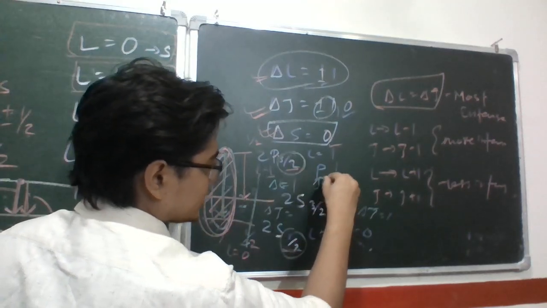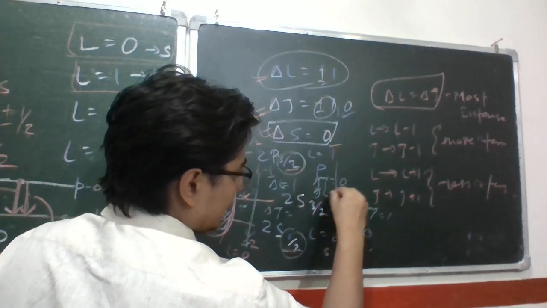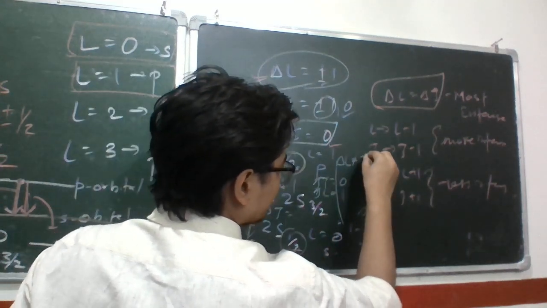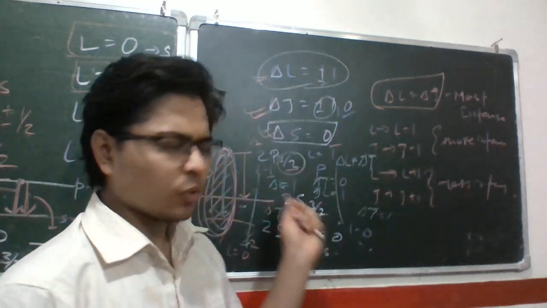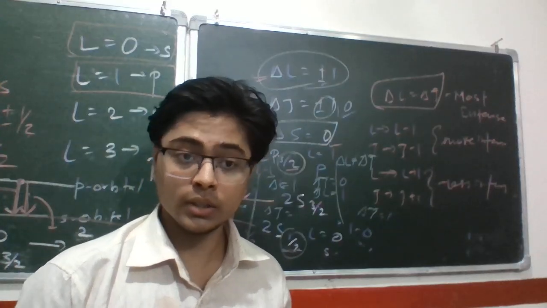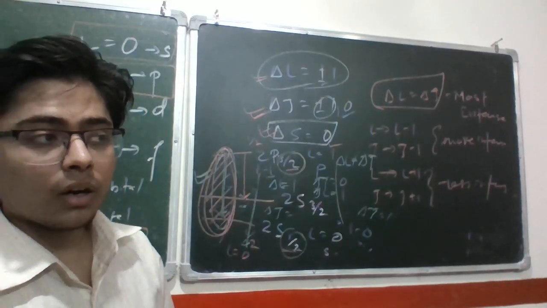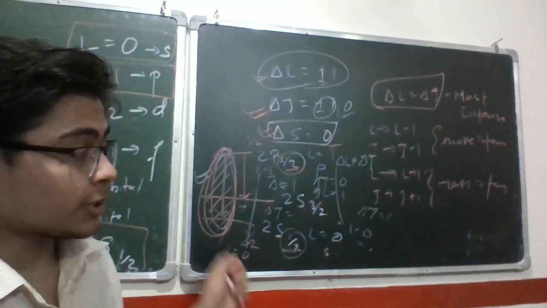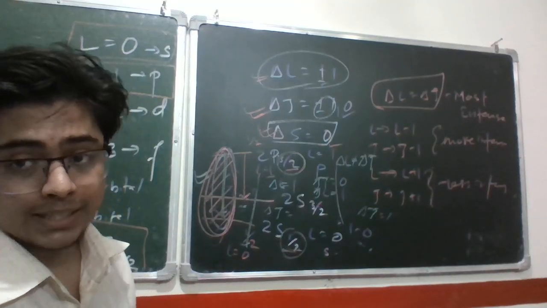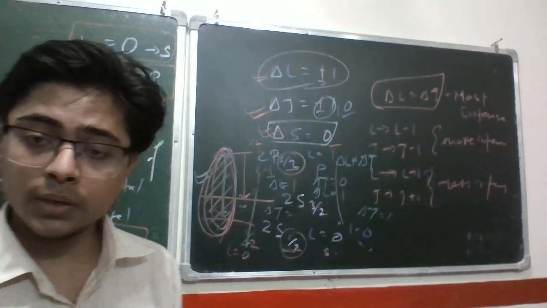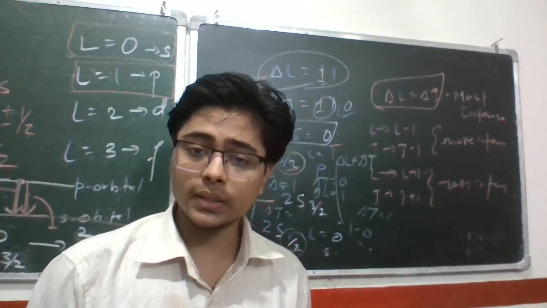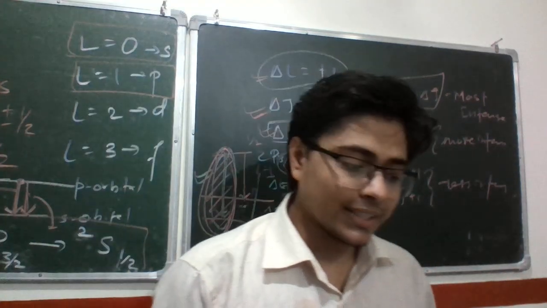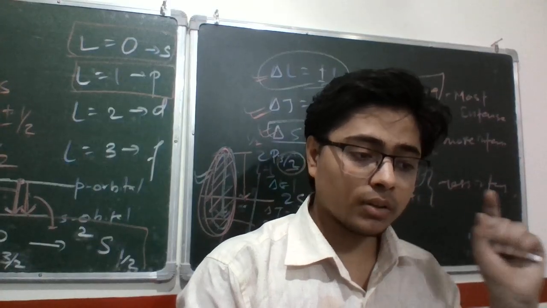So del J is equal to 0, but del L equals 1. So del L is not equal to del J. So it will be intense, but not more intense than this one. This is the most intense spectral line in our particular example. Now we will have a different one according to the examples that we have taken. So this is it. These are the intensity rules.